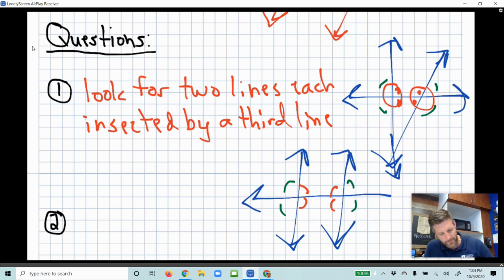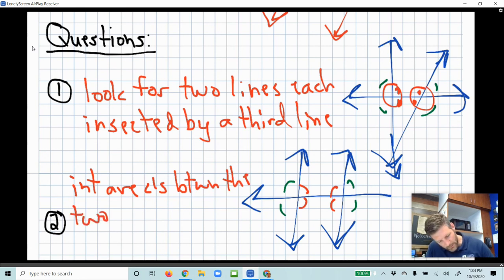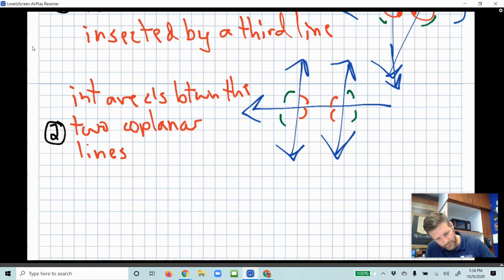Alrighty, so the interior are angles between the 2 coplanar lines. Sorry, my penmanship.